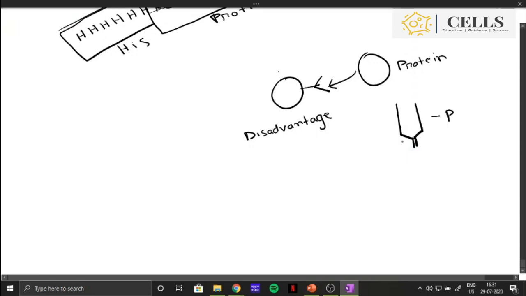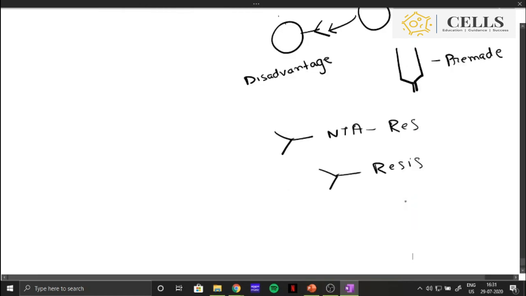Practically it is very costly to bind an antibody to an NTA and then to a resin, or antibody directly to a resin. It is not theoretically impossible, but I don't think there are many antibodies that can bind to the resin.